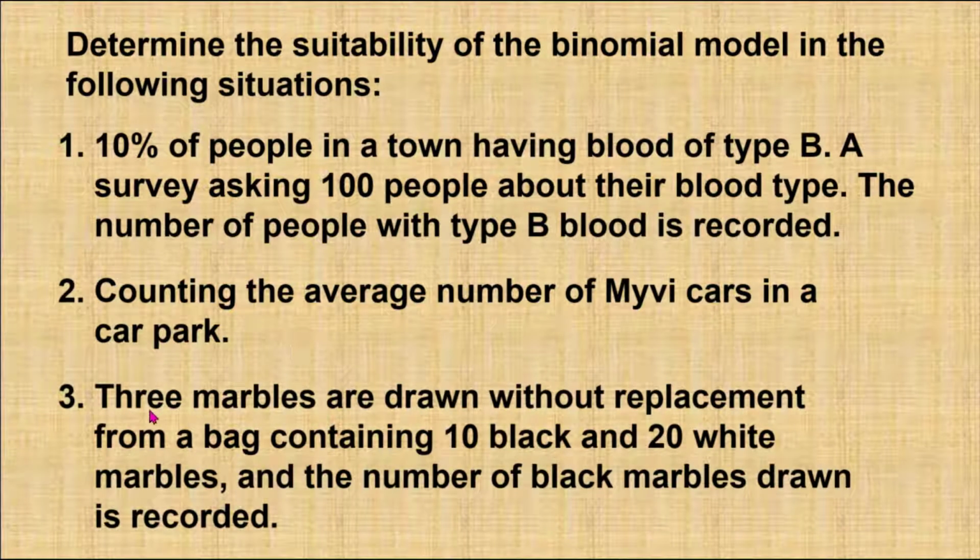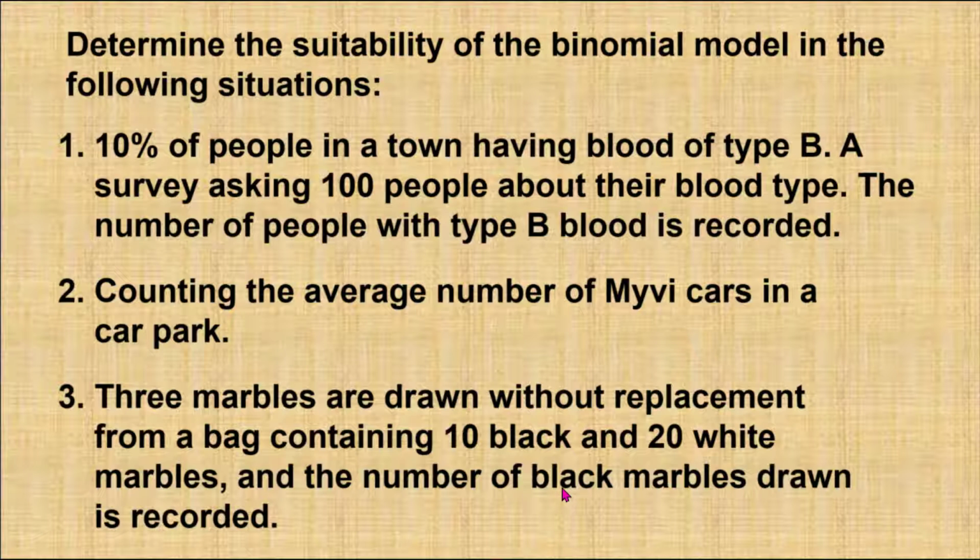Situation number 3. 3 marbles are drawn without replacement from a bag containing 10 black and 20 white marbles, and the number of black marbles drawn is recorded. For this situation, there is a fixed number of observations, which is 3. There are 2 possible outcomes, which is either a black marble or not a black marble.